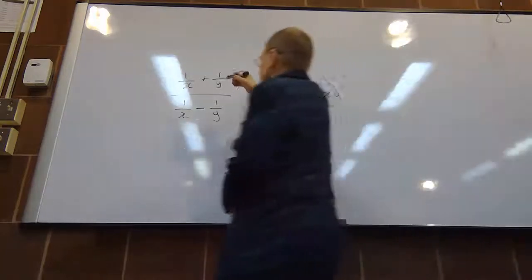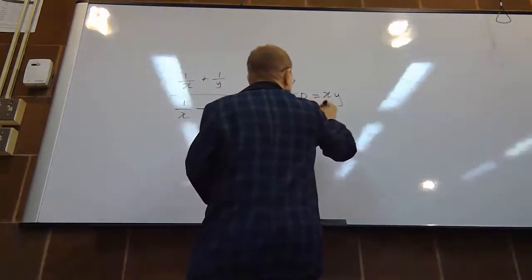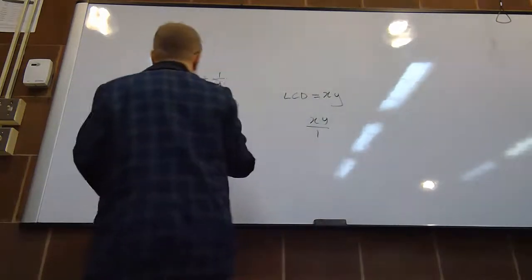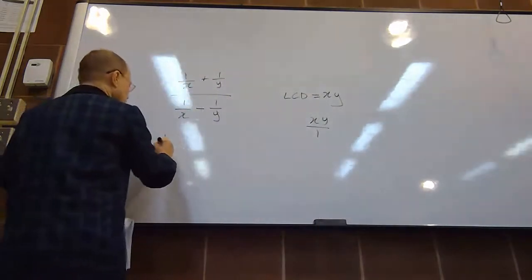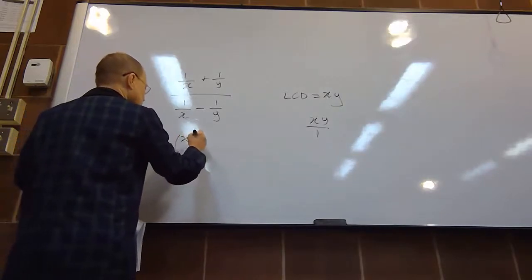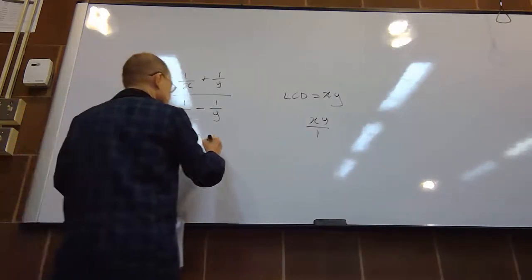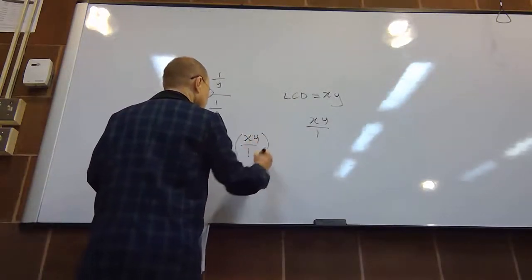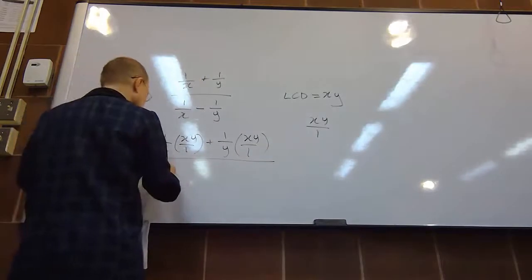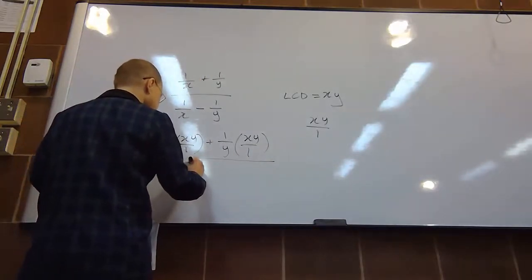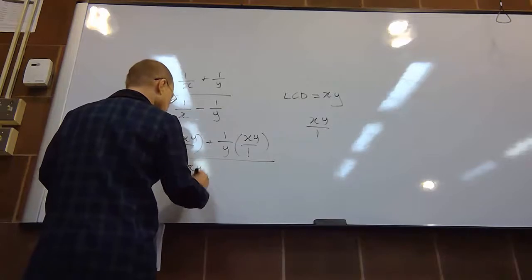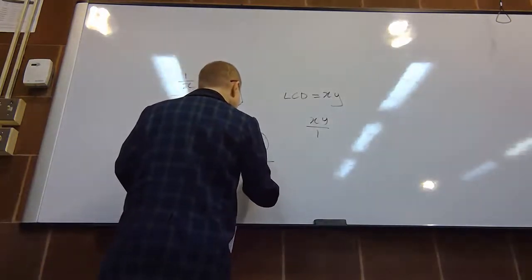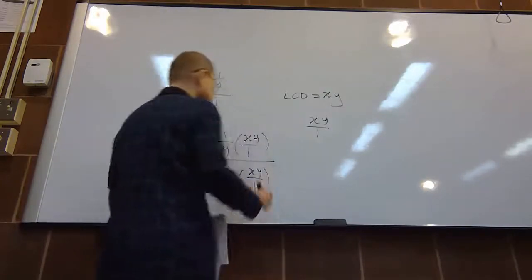So now I'm going to multiply this by xy over 1. So I get 1 over x times xy over 1, plus 1 over y times xy over 1, divided by 1 over x times xy over 1 minus 1 over y times xy over 1.